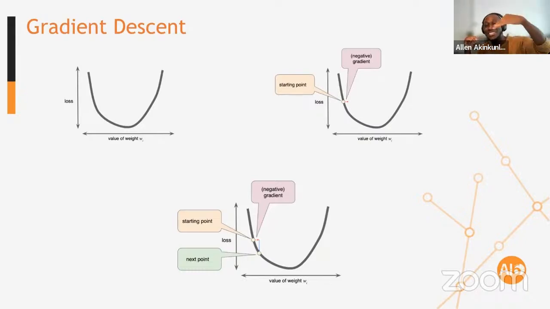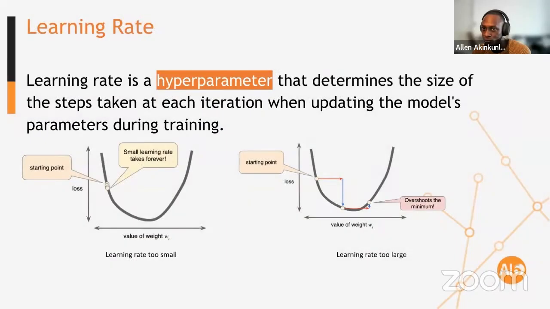I am trying to go down the slope, down the surface. So you go in the opposite direction of the gradients, and that's what you keep doing. And like I said, the learning rate controls how much of a step you want to take.